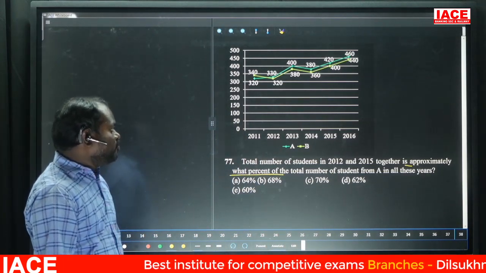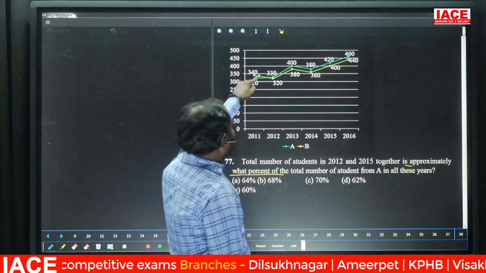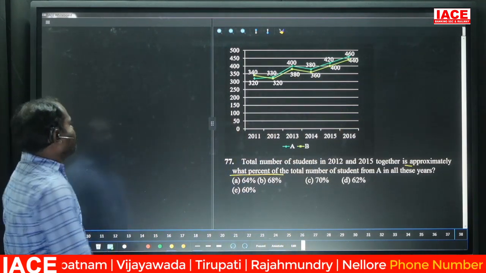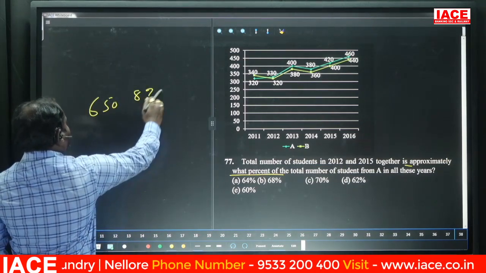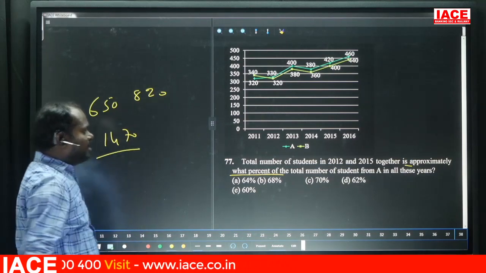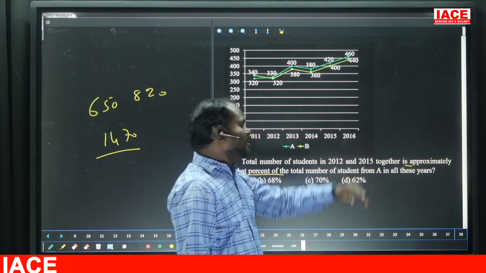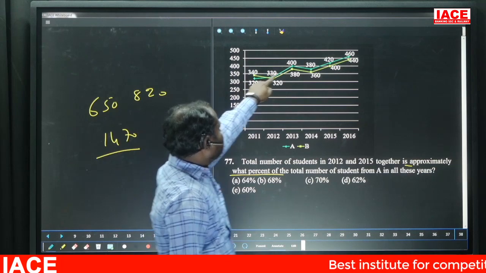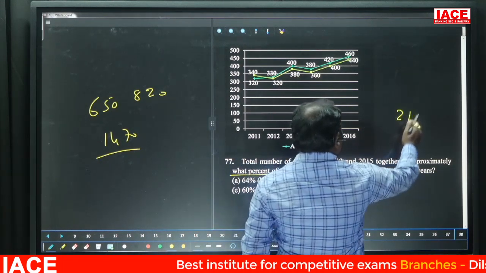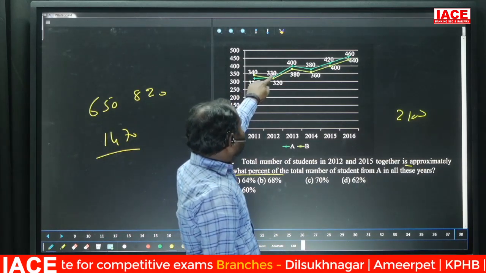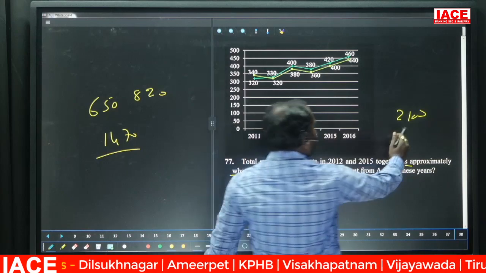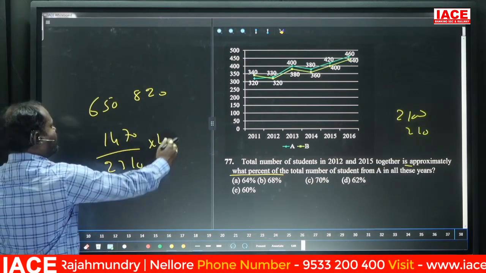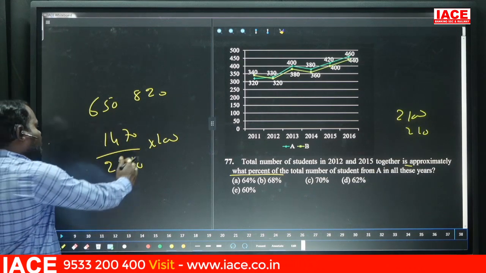So total students of 12 and 15: 650, 820, that is 1470. Total of A in all years is 3 plus 3 is 6, 10, 13, 17, 21, nothing but 2310. So 1470 by 2310 into 100.